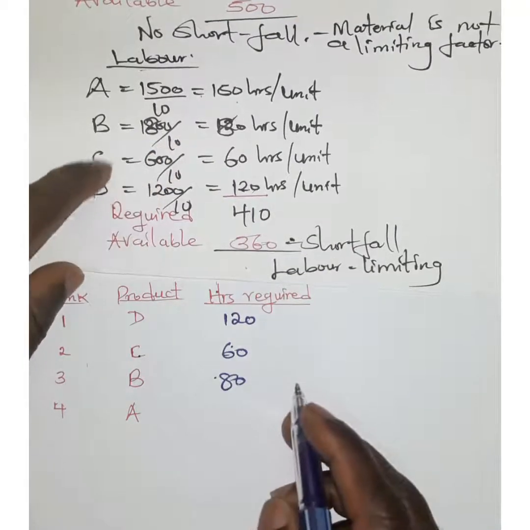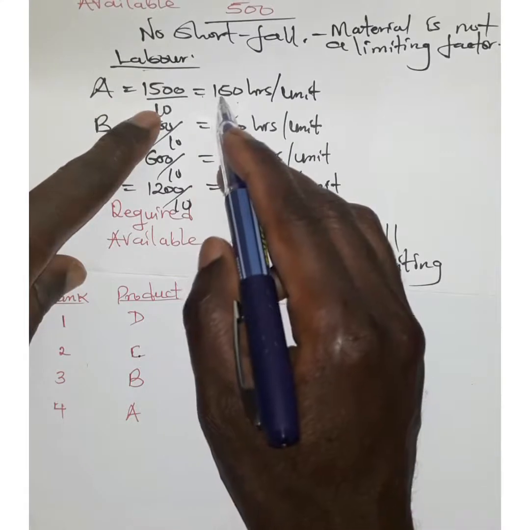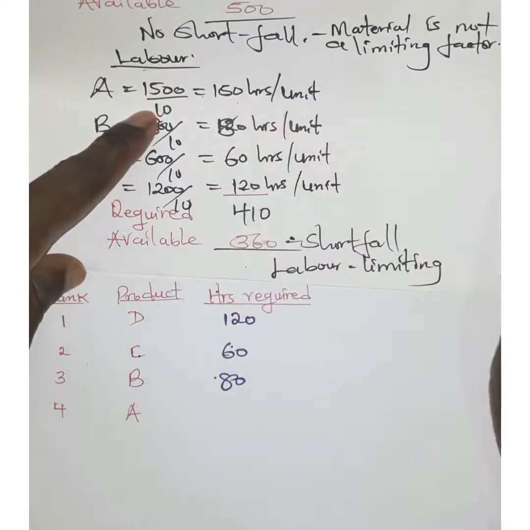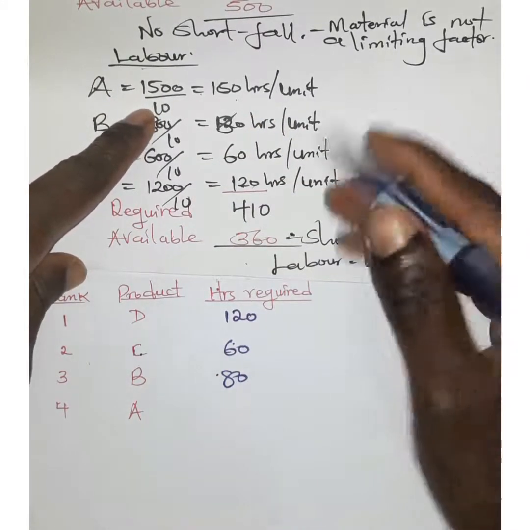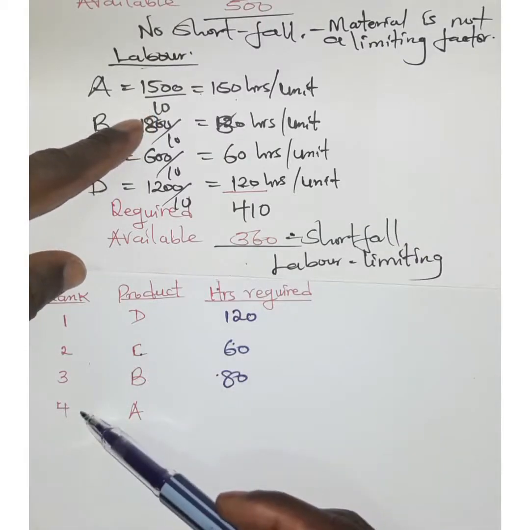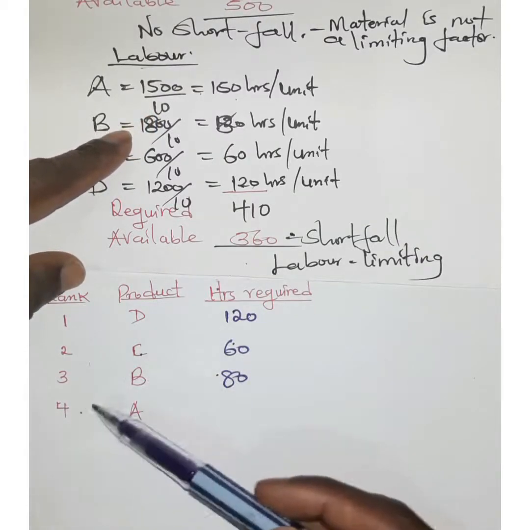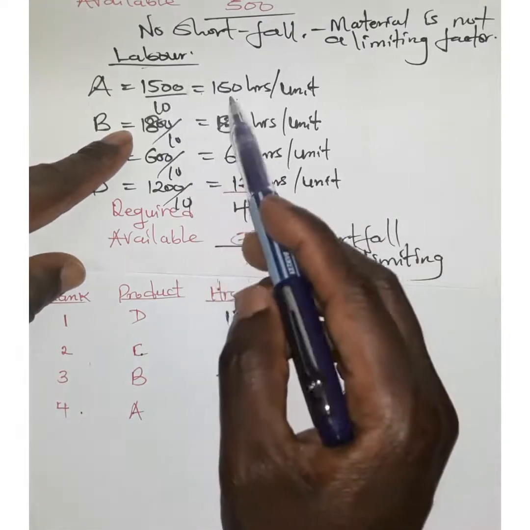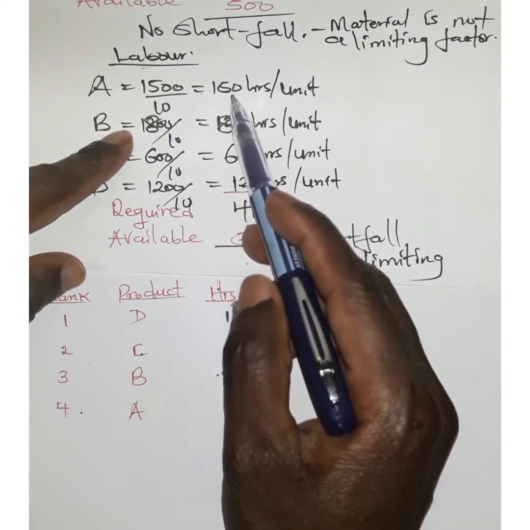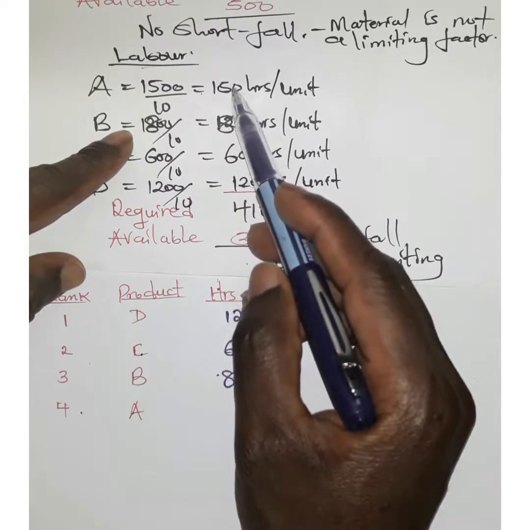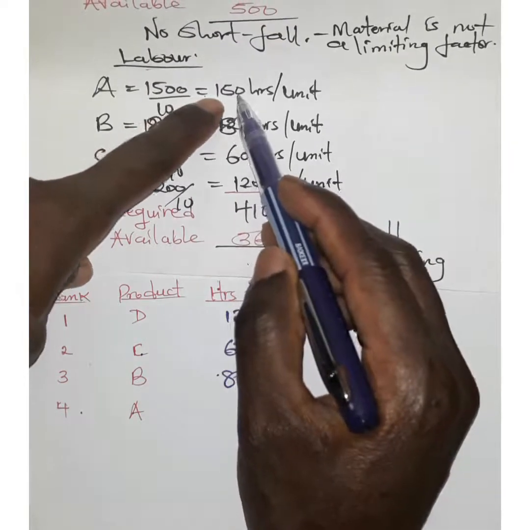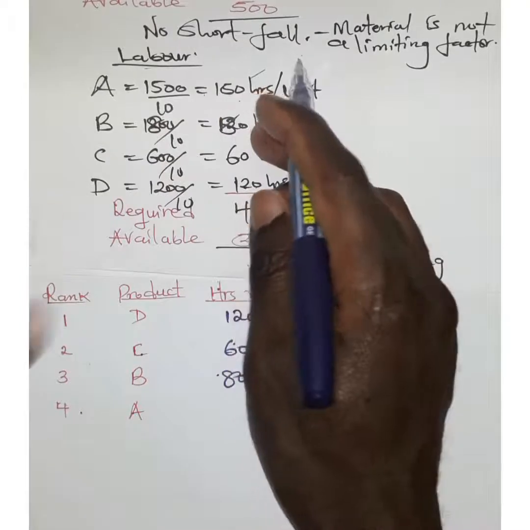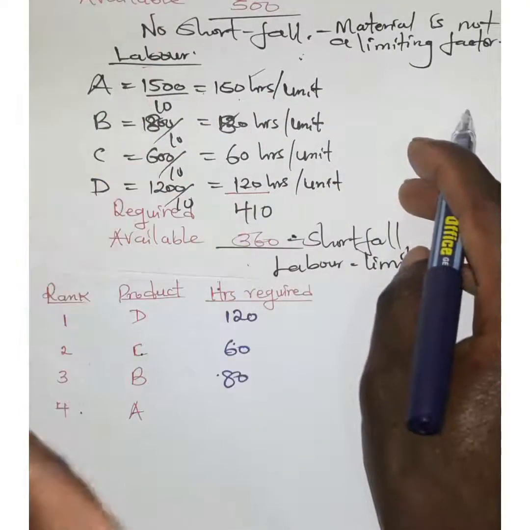Of course, for A, it's supposed to be 150, but under limiting factor consideration, the last rank, according to the lowest contribution, like we saw it was A, will not be allocated these 150 hours. Instead, it will be allocated less than 150.